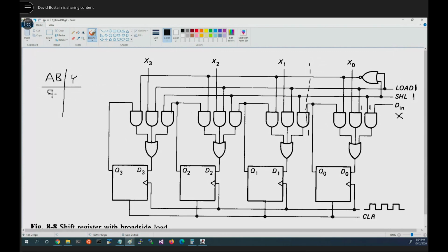So far I've detected 2 of you. So a NOR says, give me an OR function but invert it. So give me a 0 anytime there's a 1 turned on.